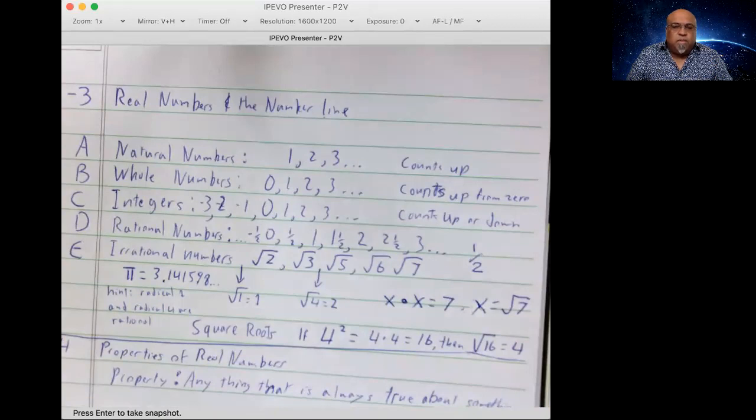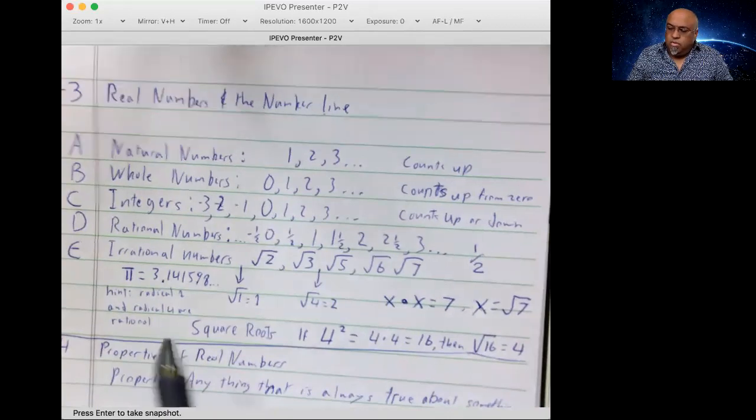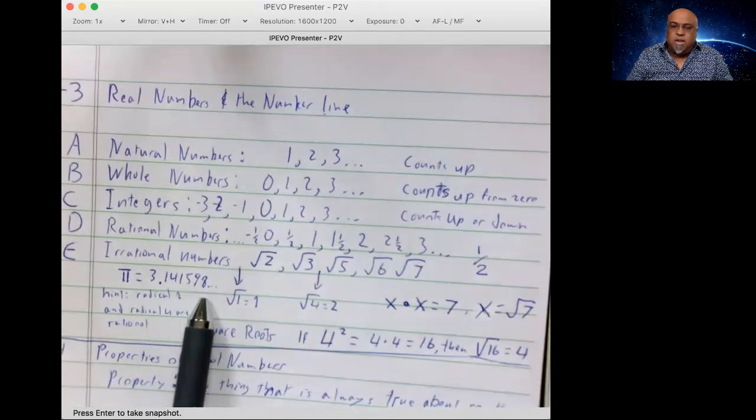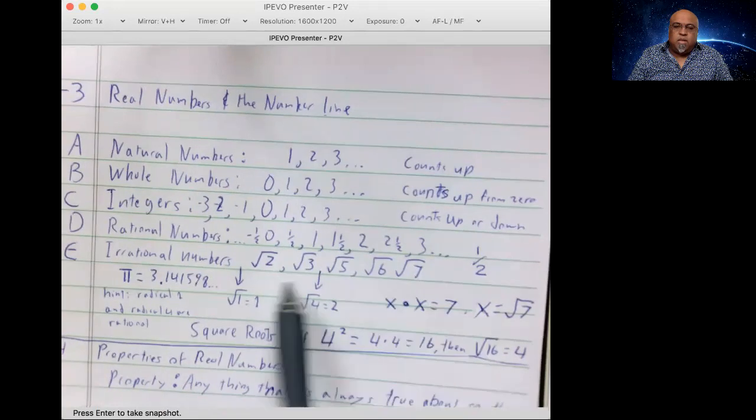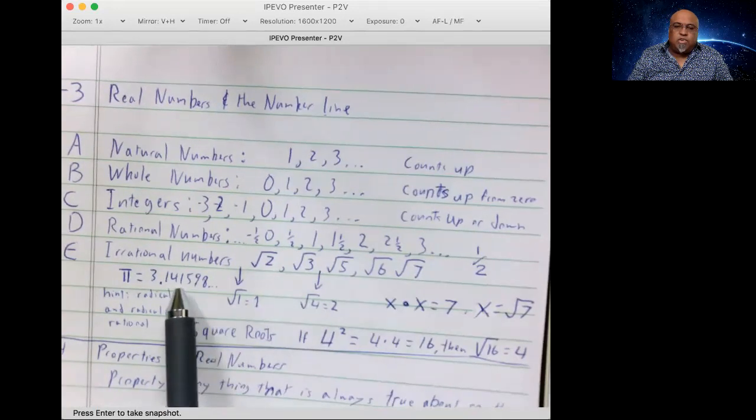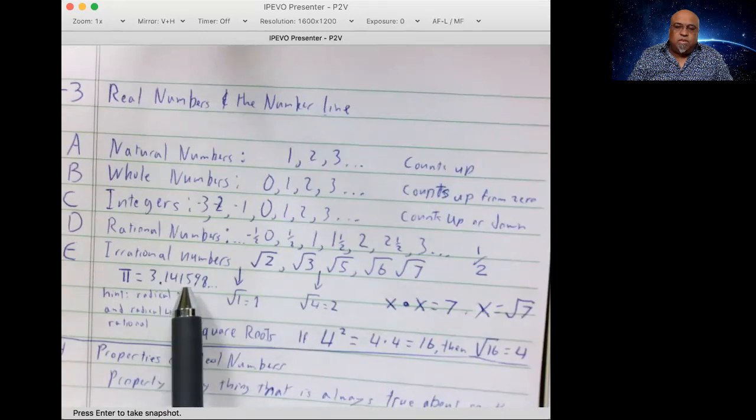So the idea is if you were to try to convert 3.141598 to a fraction, you couldn't do it because in order to convert it to a fraction, you have to put these digits over a denominator that is representative of its place value, okay?